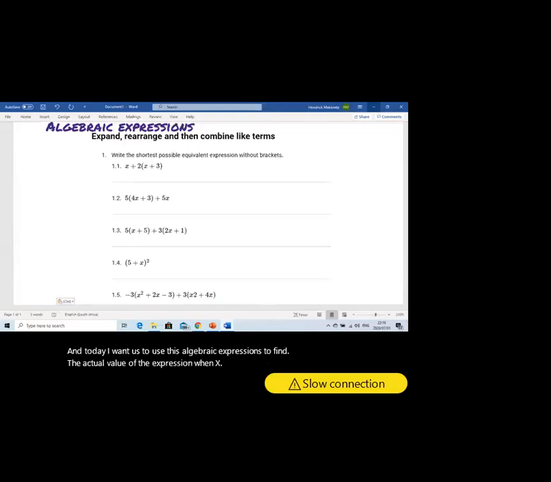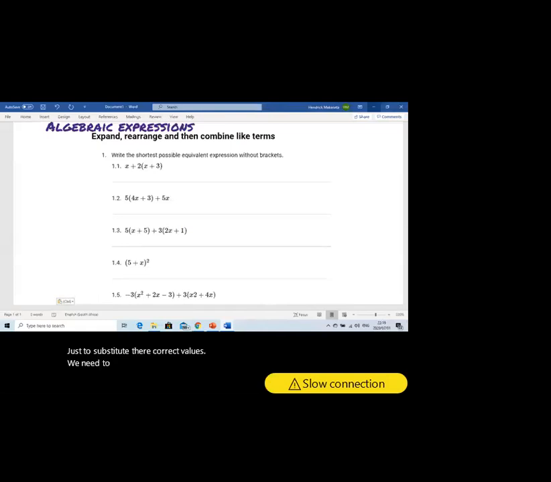So in other words, I want us to substitute. We need to learn how to substitute the correct values in the equation. We need to now substitute.